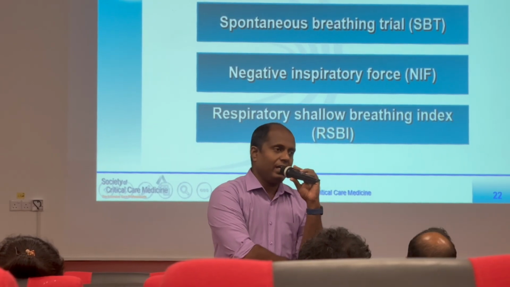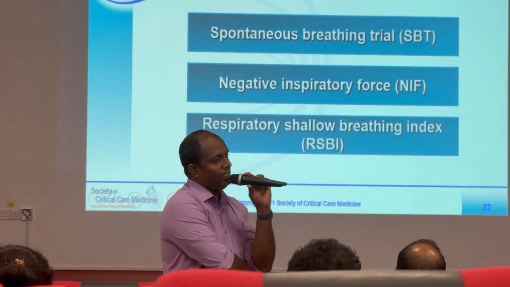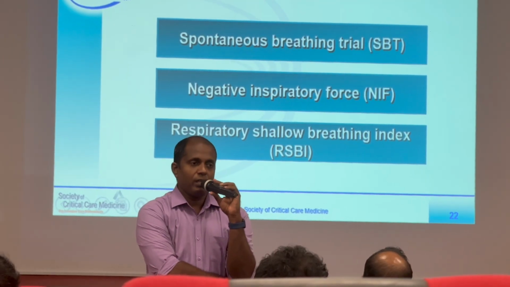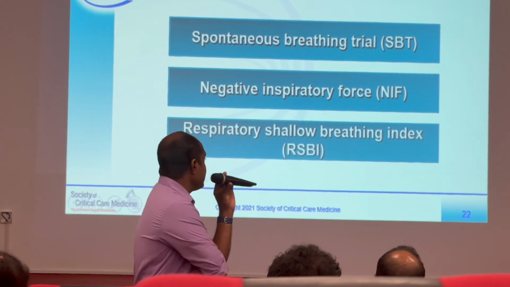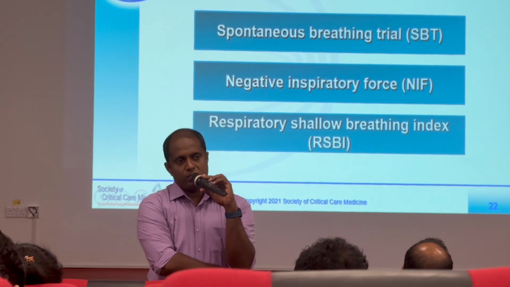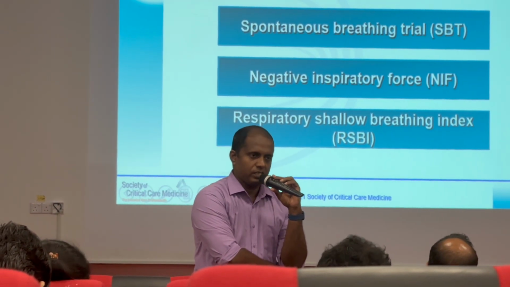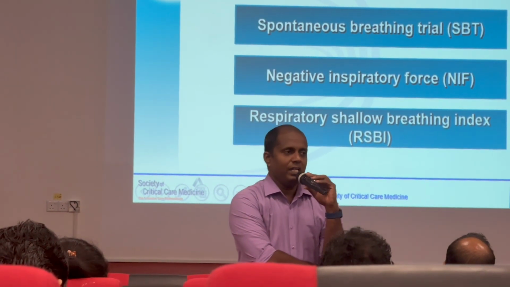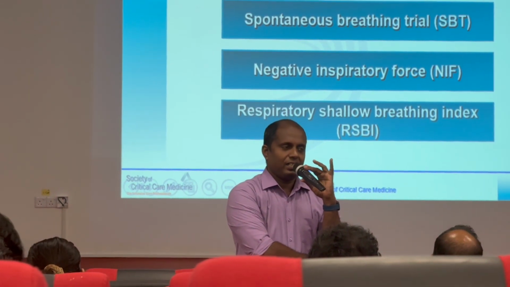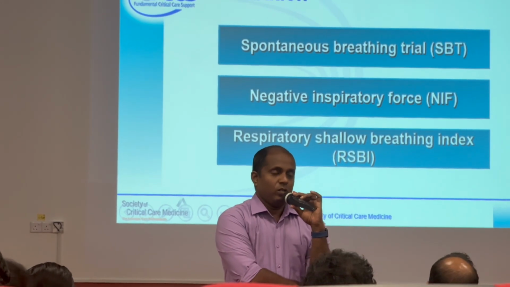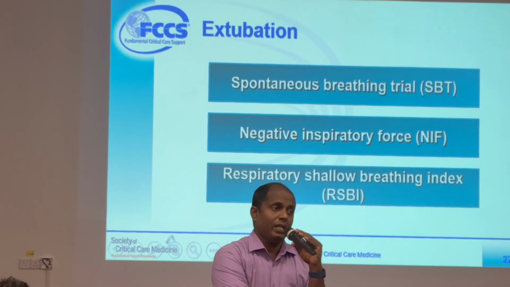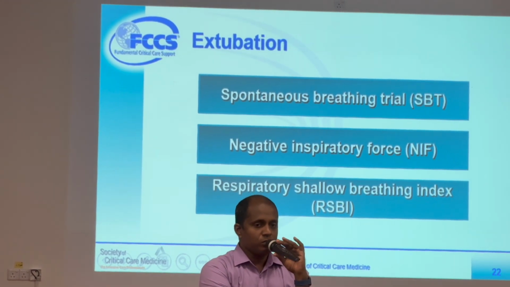If you are breathing rapid and shallow, that means there is something wrong. Your capacity is not enough to take out the tube. So that index should be less than 110 or 126. 110 is an arbitrary number, but you should know the context. The context is you should be able to breathe normally, with larger tidal volume and smaller rate.